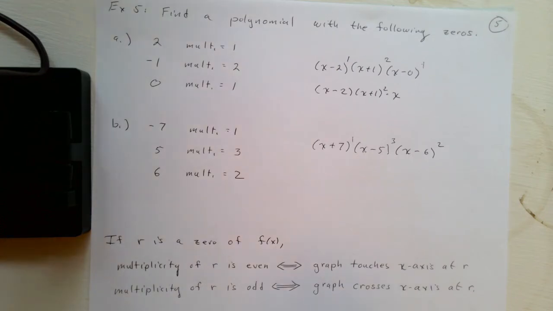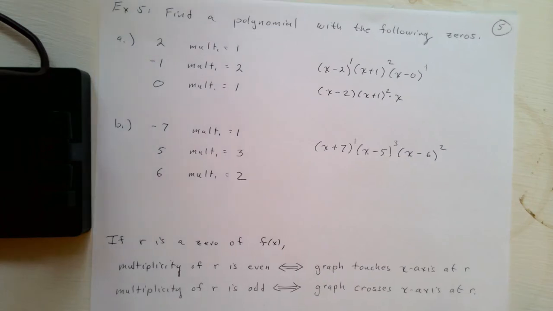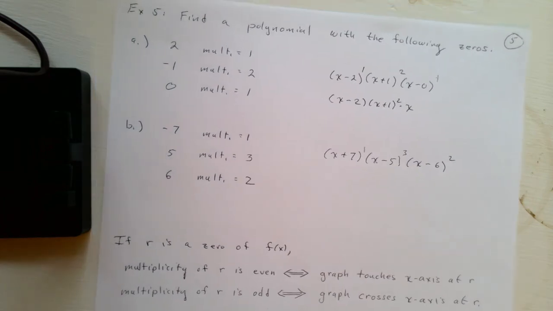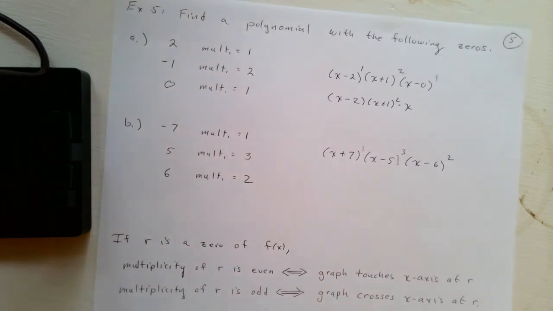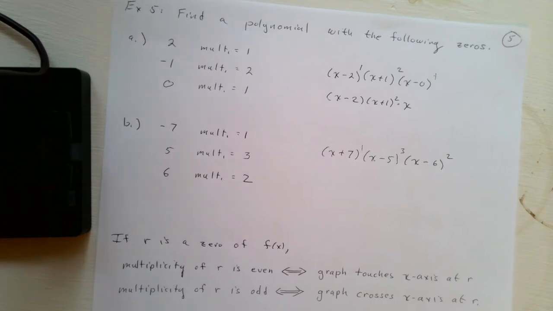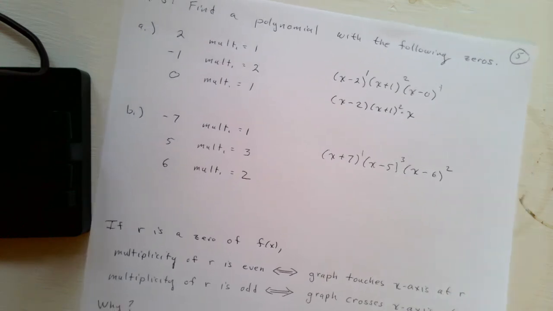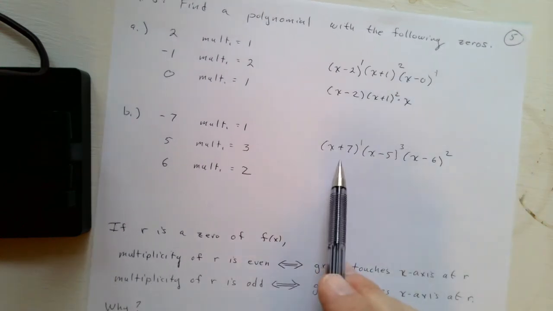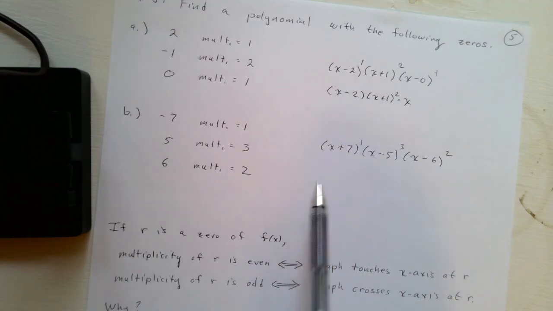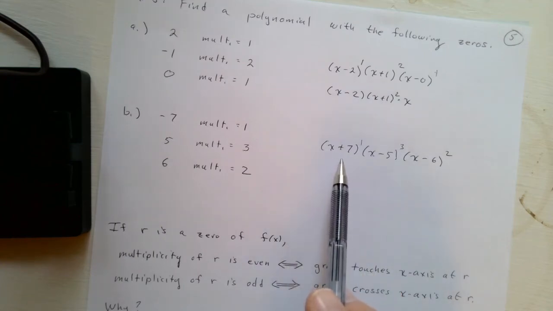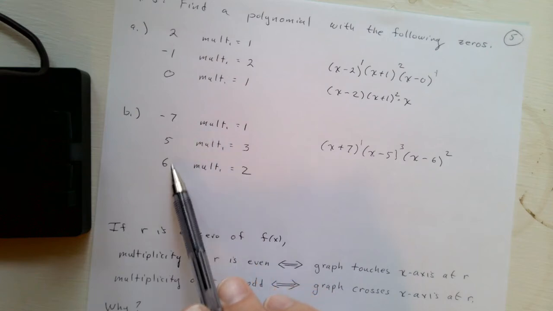And again, you can leave these in factored form, and hopefully you can see that if a polynomial is in factored form, it actually tells us a lot more information. Particularly, you can basically read off the zeros or read off the x-intercepts. So, for example, we can see that we'll have an x-intercept at negative 7, 5, and 6.